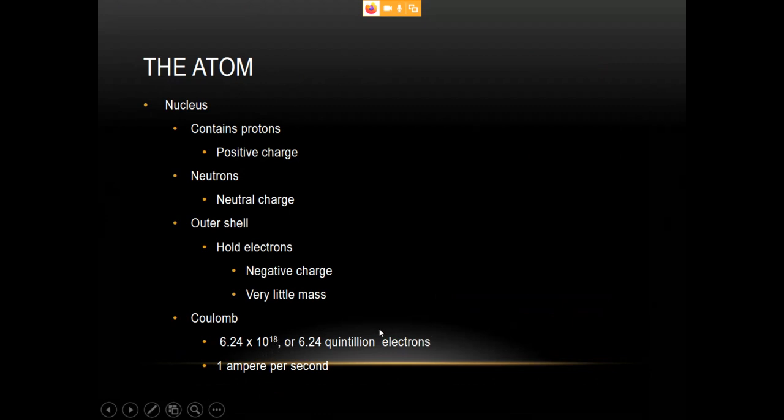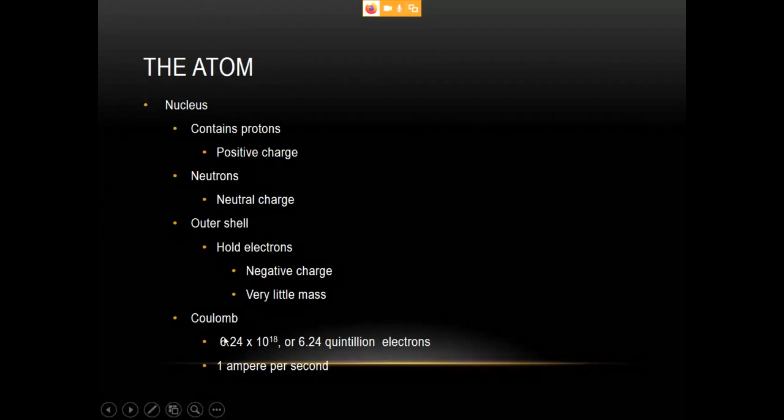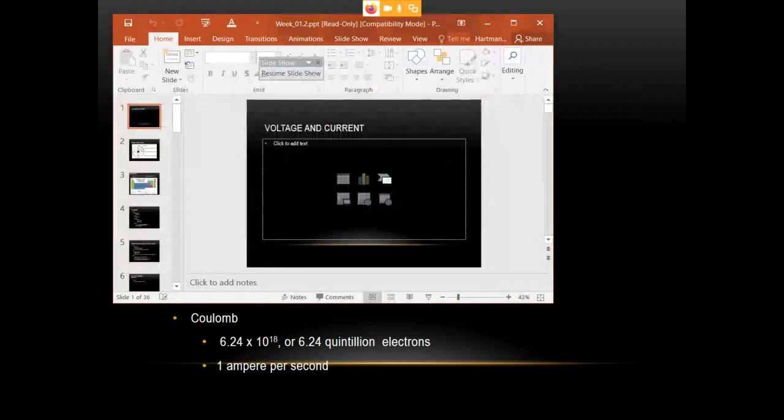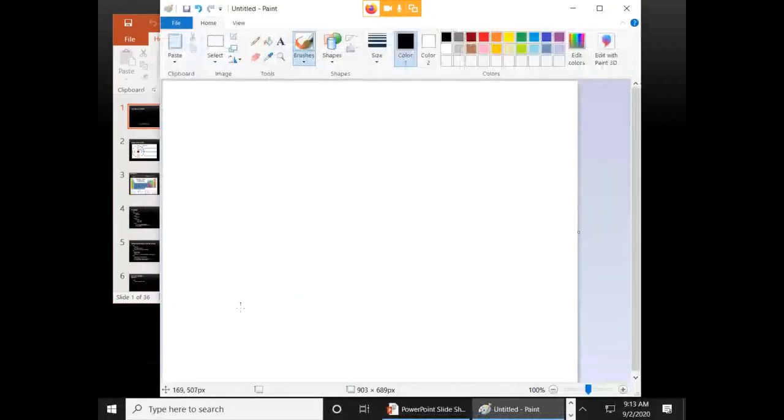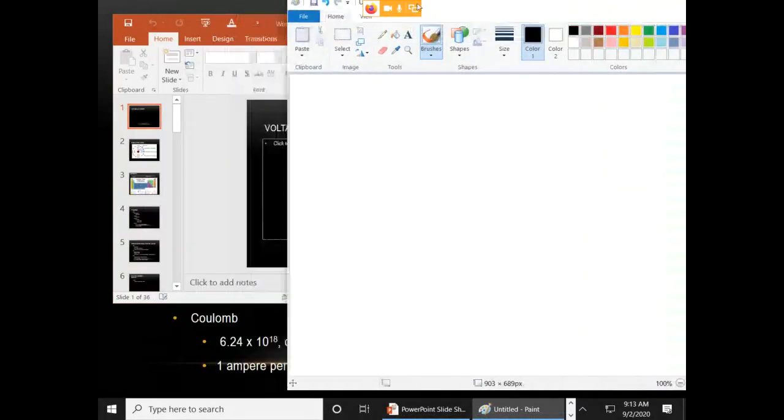And so when we're talking about current, we talk about 1 amp per second. 1 amp per second would say that we have, at one point in a circuit, 6.24 times 10 to the 18. Okay, that's an awful lot of zeros there. All right, so let me flip over to Paint here for a minute, and let's put those zeros in there.